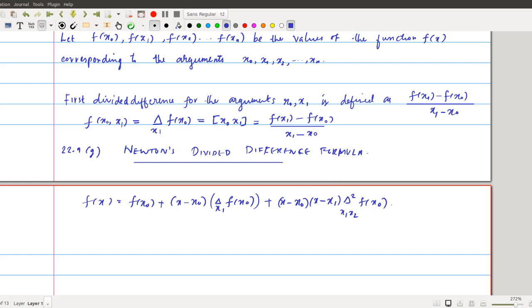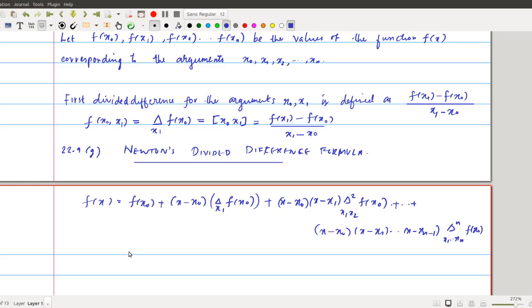So times this times this plus etc plus, finally since we have n arguments, then the last term will be x minus x naught into x minus x1 into etc x minus xn minus 1 times delta n x1 etc xn f of x naught.